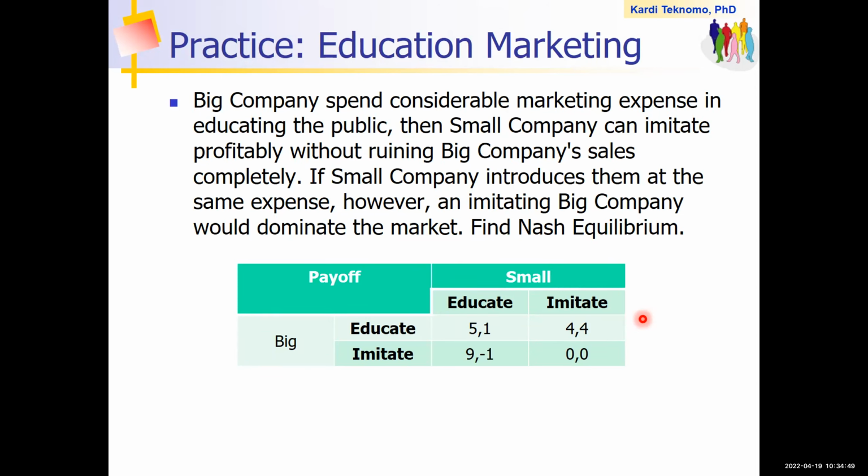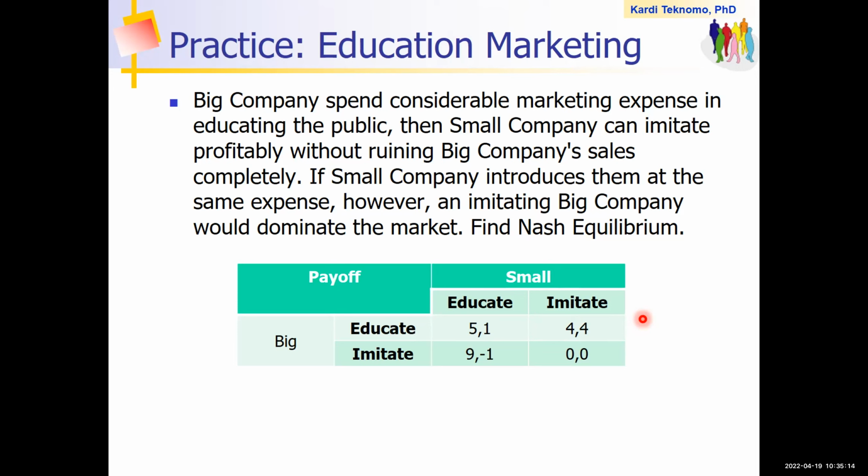Okay, this is another game called educational marketing. A big company spends considerable marketing expenses in educating the public, and then the small company imitates, just imitates profitably without ruining the big company's sales completely.